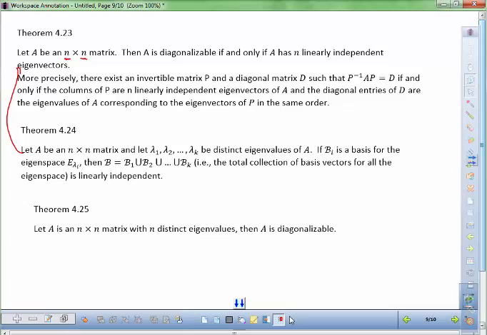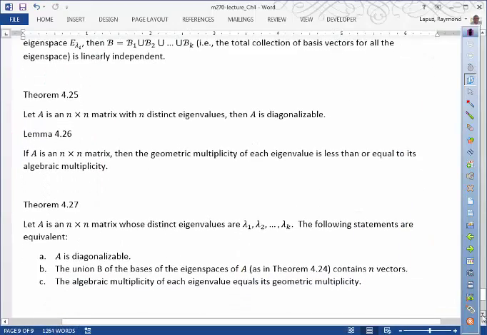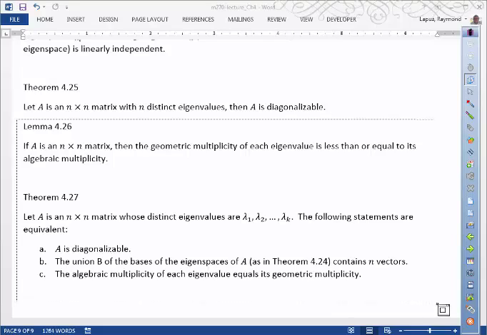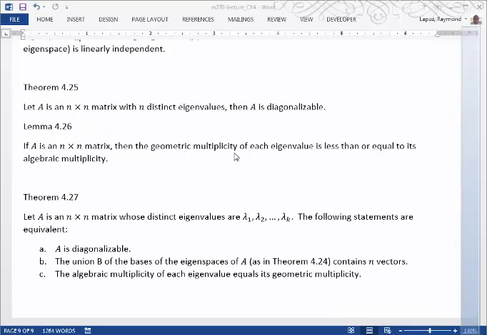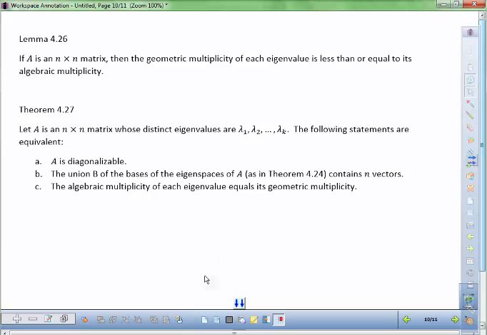And then the last theorem has a preceding lemma. Without proving these things, all these theorems and lemmas are essentially saying the same thing. To get through the nuts and bolts of it, we should actually prove it, but we're not going to.